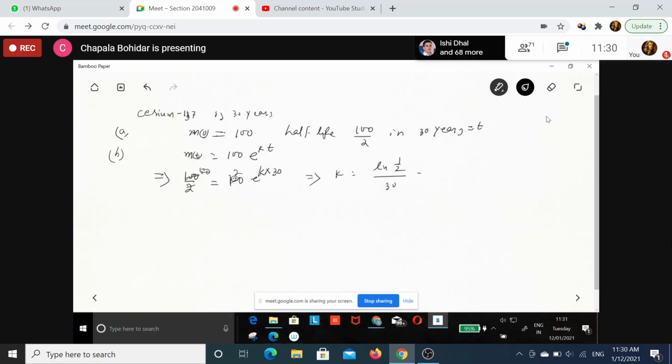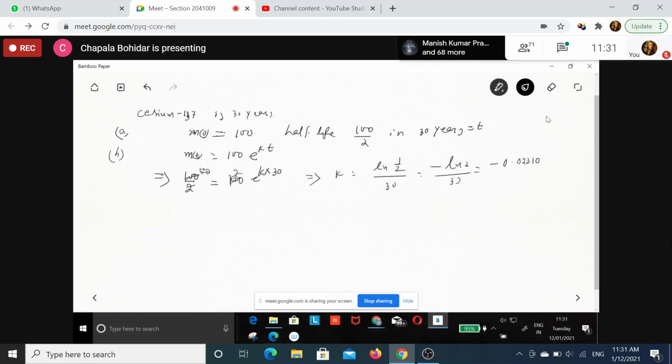That I can write down as minus ln 2 by 30, that is minus 0.02310. We get the value of k.